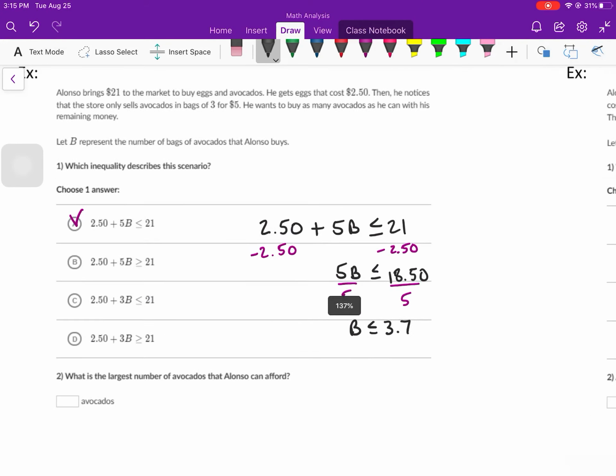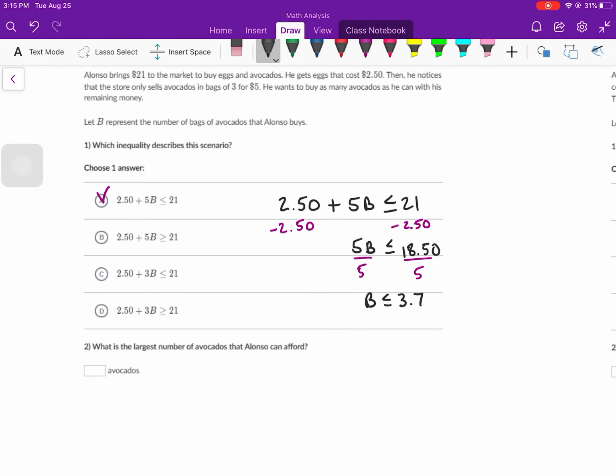Now remember, he can't spend more than $21 because that's all he brings to the market. So he can't buy 3.7 bags of avocados. So how many bags of avocados will he need to buy? 3. Now if you answer this question, it says what is the largest number of avocados that he can afford? It's not asking how many bags he can afford, it's asking how many avocados. So there's 3 per bag, so it's a total of 9 avocados.